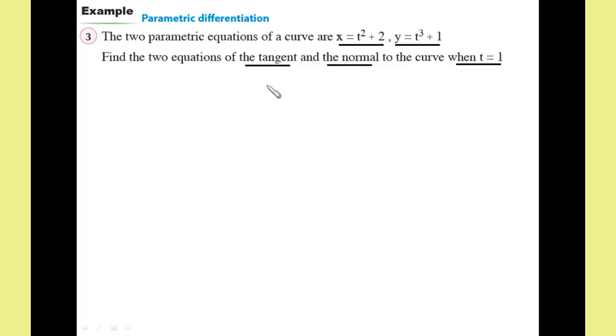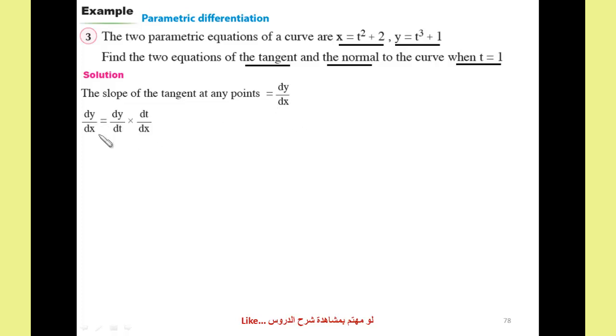How do we get the slope of the tangent? It equals dy/dx. The slope of the tangent at any point equals dy/dx, and dy/dx equals dy/dt multiplied by dt/dx, the chain rule, which equals dy/dt divided by dx/dt.